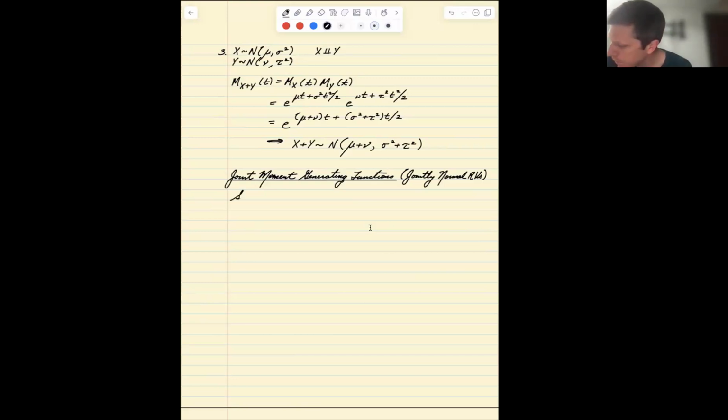So suppose that X and Y are random variables.